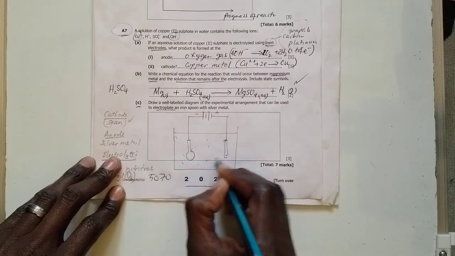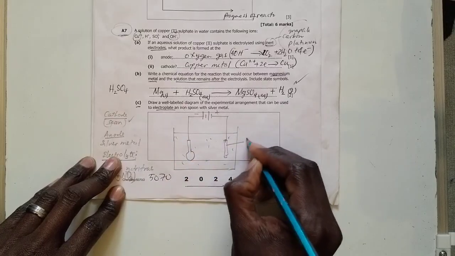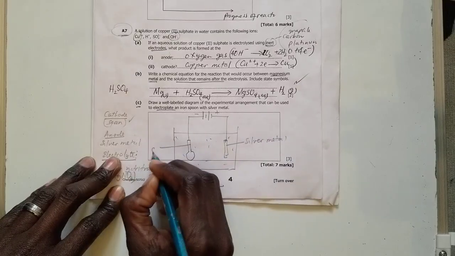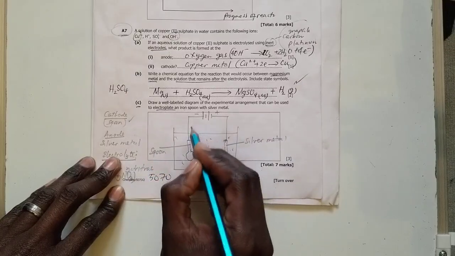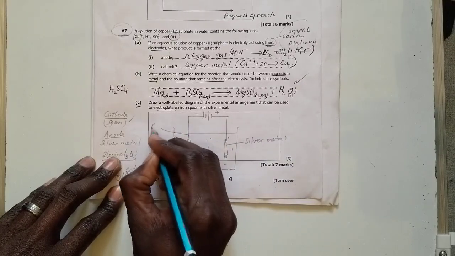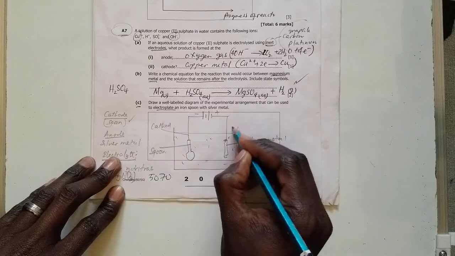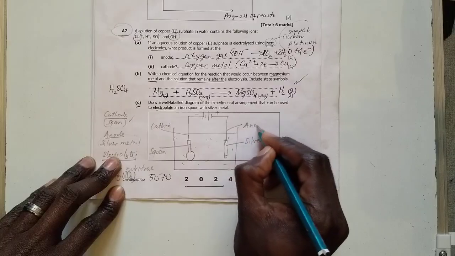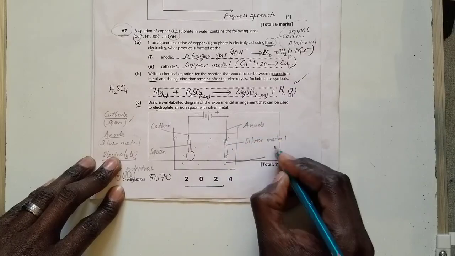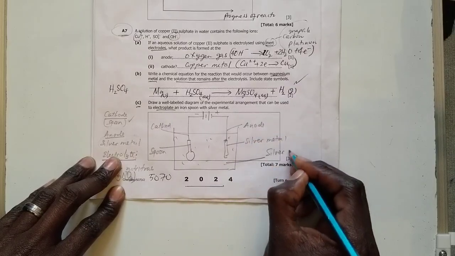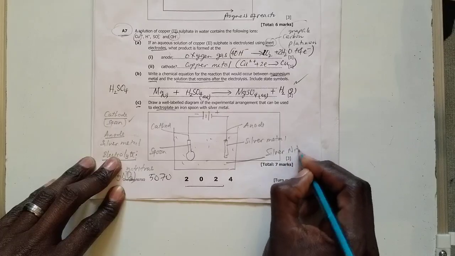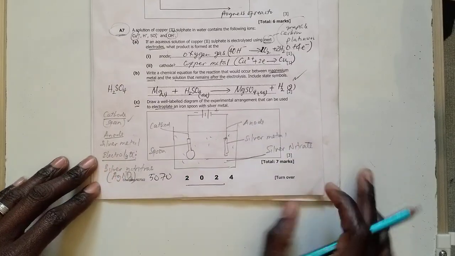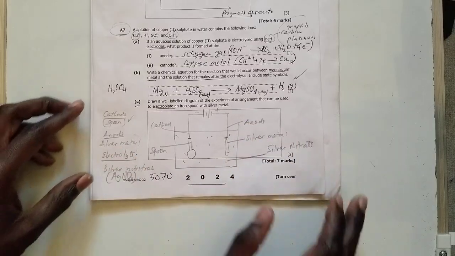So this is a silver metal, so you label that nicely. This is your spoon, and that is representing the cathode, and this one here is the anode. Then the solution in there is supposed to be silver nitrate. So this is what you can use to electroplate. So this is what I wanted you to do in this question.